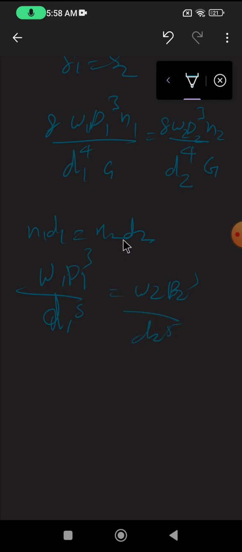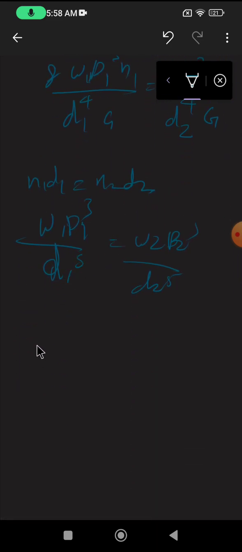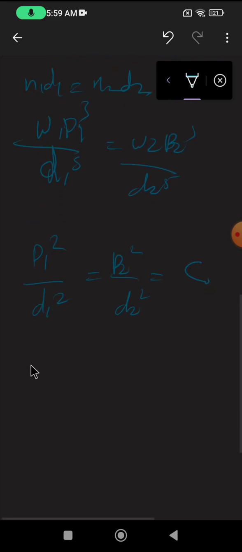If we divide this equation with the previous equation, we will have D1 square upon d1 square is equal to D2 square upon d2 square, which means D1 upon d1 is equal to D2 upon d2 is equal to C, that is the spring index. So the springs should be designed in such a way that the spring index for both springs is the same. From the equation, we have W1 d1 square is equal to W2 d2 square.